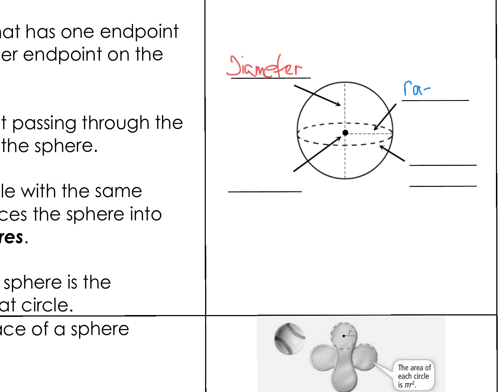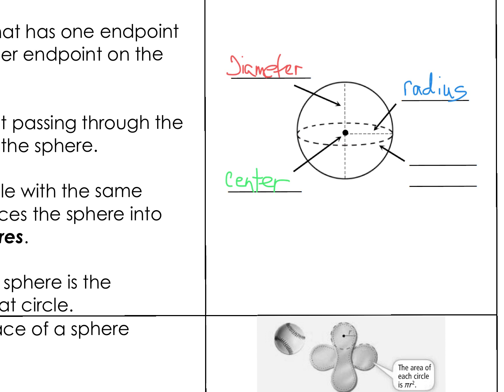So those two terms you're familiar with. And then this, as you suspect, right here, that's the center of the sphere. And then finally, this one's pointing to this circle all the way around. And that is known as the great circle.